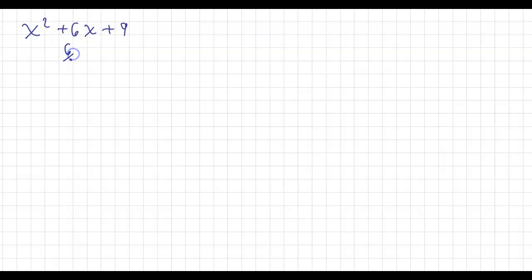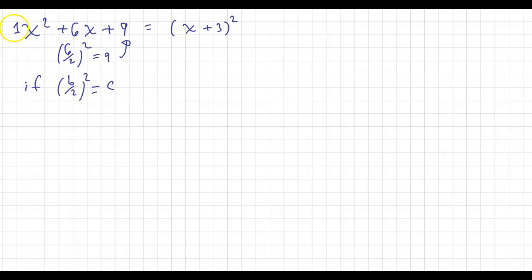if you take the 6 and divide it by 2 and square it, you end up with 9, which is the constant term. When that happens, it's called a perfect square trinomial, and it can be factored like that. In general, if b over 2 squared equals c, that will happen.